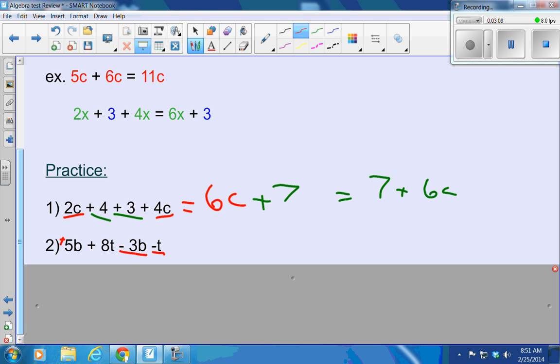So when I do this problem, I have a positive 5b minus 3b. That gives me 2b. And then I have a positive 8 minus t. There's 1t, so that is a positive 7t. 8 minus 1 gives me 7.